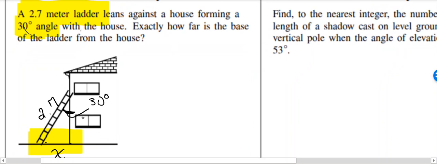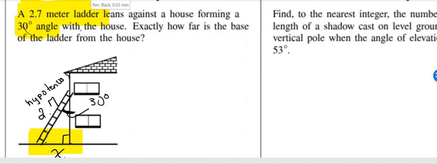I know that the 2.7 is the hypotenuse because it's opposite the right angle and it's the longest side. So this is my right angle, and the side opposite it is the hypotenuse.